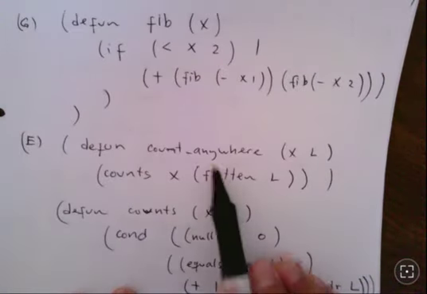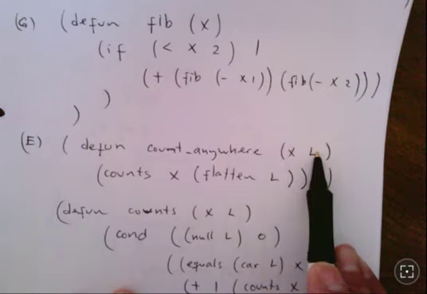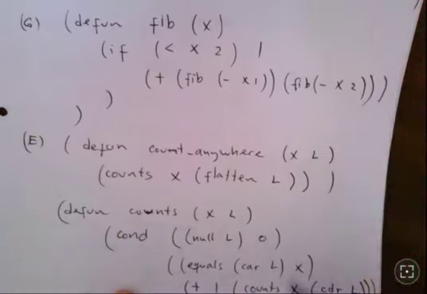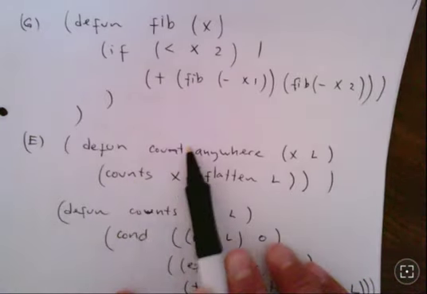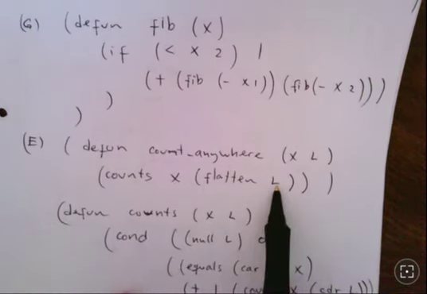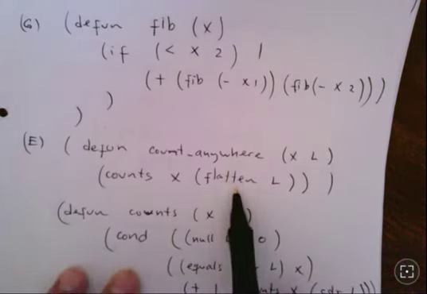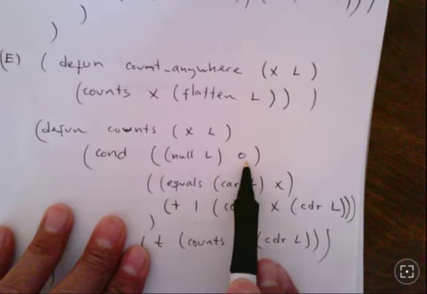So here, I'm looking to see how many of these elements are in L, and I don't care where they are, at any level in the list. That's why this will need the help of a function that counts these elements in a list that doesn't have any level of parentheses. So there are no parentheses, and that will make everything easier. We got this already, so let's use this. Here it says if the list is empty, then there is nothing to count.